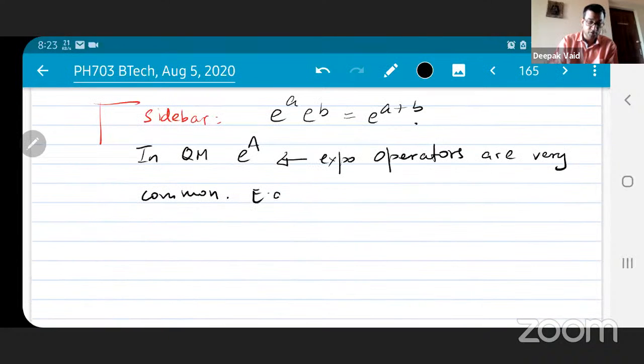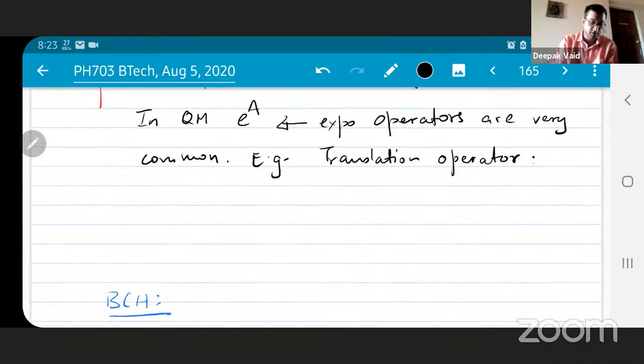For example, you have seen one is this translation operator, right? What was the translation operator? It was exponent of minus i delta x p hat by h bar. This is the space translation operator.